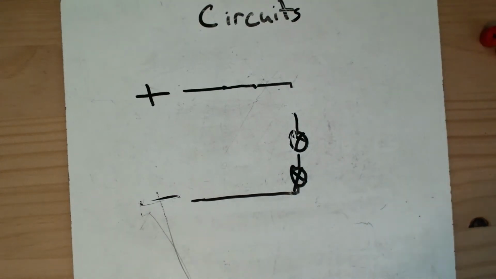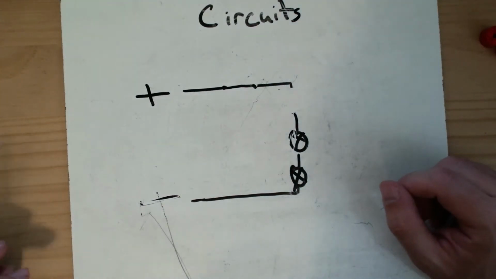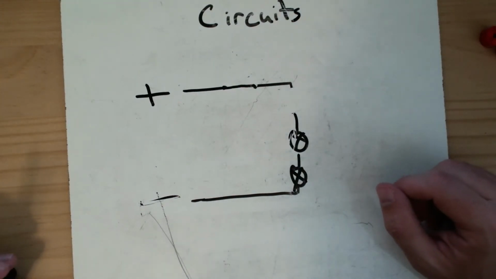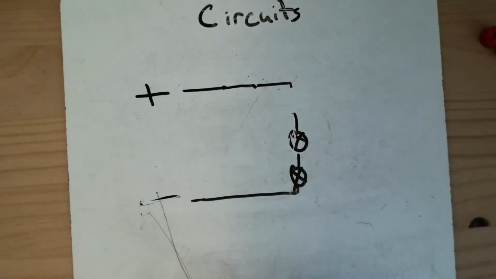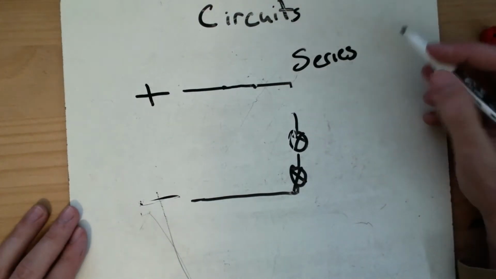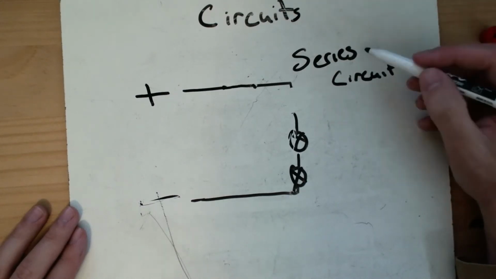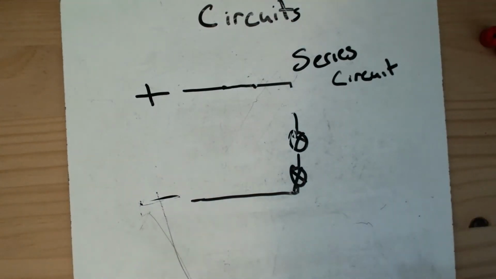If you are familiar at all with old Christmas lights, searching for a burned out light bulb is something you might have done before. Because old Christmas lights are hooked up like this, and this is what's called a series circuit. Everything is in series. A series means one thing after another thing.